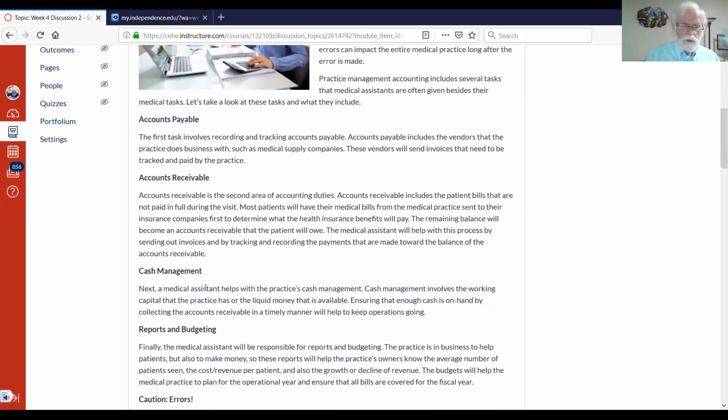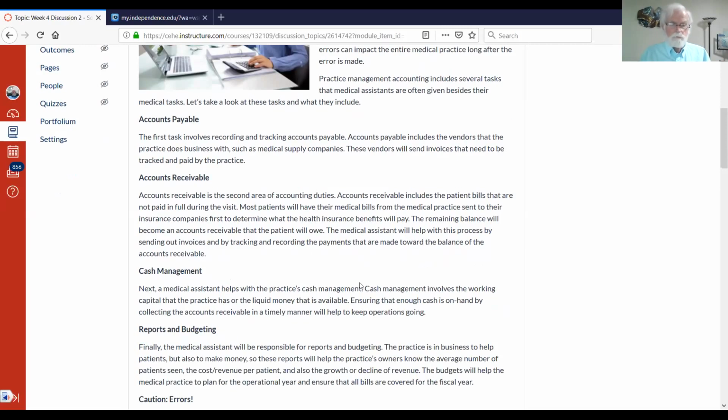Cash management is something that all of us know about from trying to run households and lead our lives. We want to be sure that we have sufficient cash.